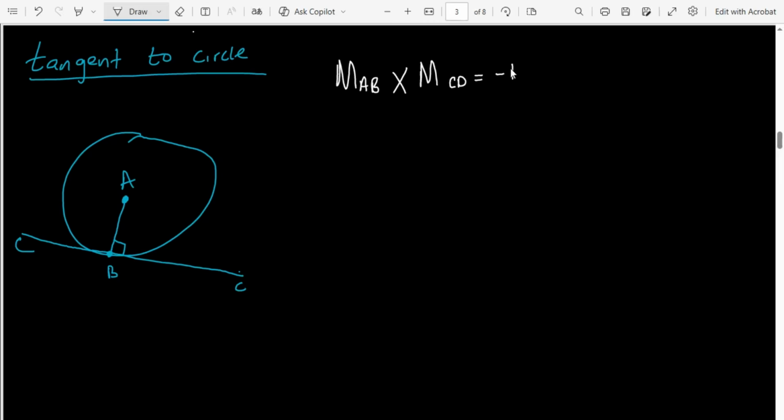Right. So when determining the equation of a tangent to a circle, there are certain steps which we can take.